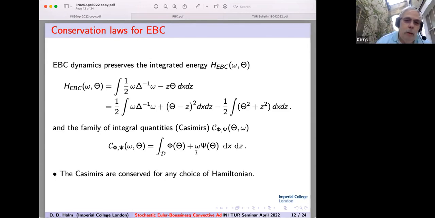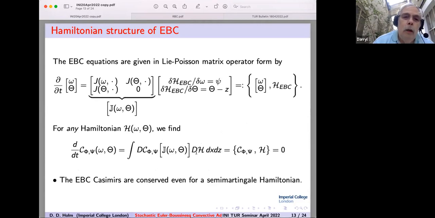I'm mentioning this because we're going to look at, first of all, what makes the energy get conserved. The energy gets conserved because the equations can be written in this Hamiltonian form here, in terms of an antisymmetric operator acting on the variational derivatives of the energy with respect to the vorticity, but that gives the stream function, and with respect to the temperature, that gives the temperature minus the coordinate z.